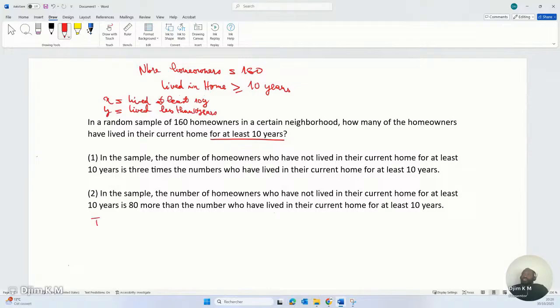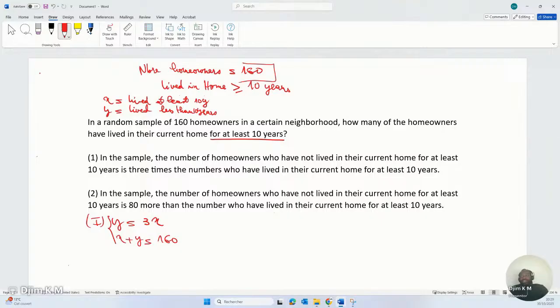And the first condition tells us that the number of people who have not lived in a home for at least 10 years, so y, is equal to 3 times the number who have lived in a current home for at least 10 years. And we know that we are having a sample of 160. So we have x plus y, which is equal to 160.